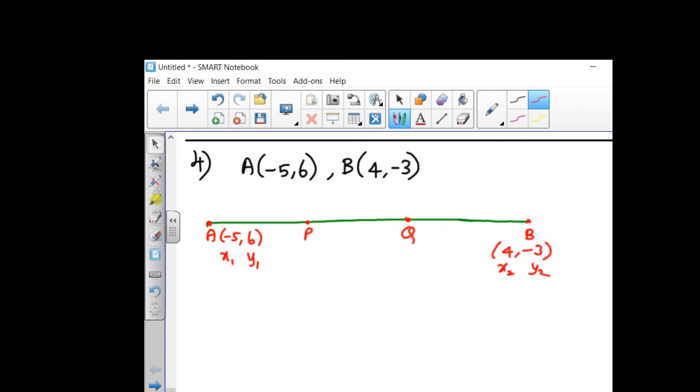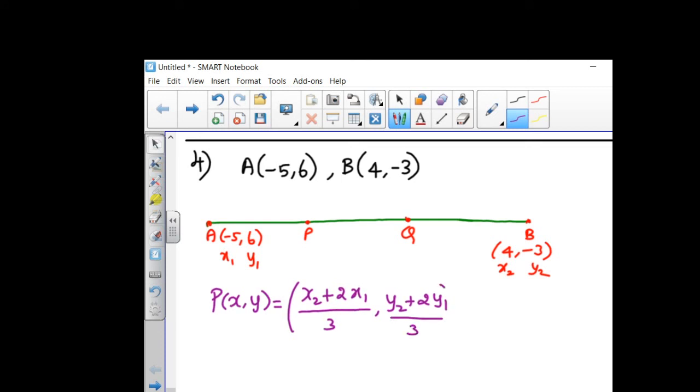So we know the trisection formula. Okay. What is that? The formula is P of x comma y is equal to (x2 plus 2x1) divided by 3 and (y2 plus 2y1) by 3. Okay.